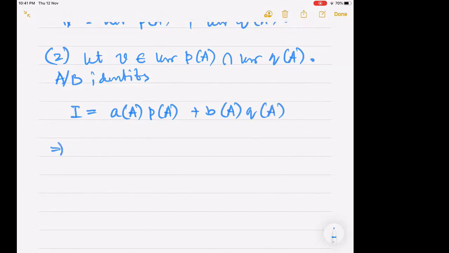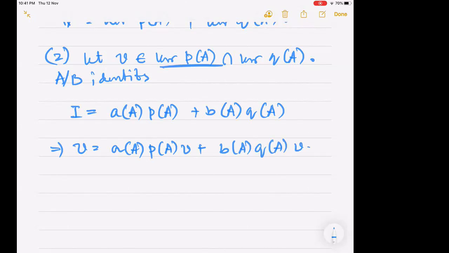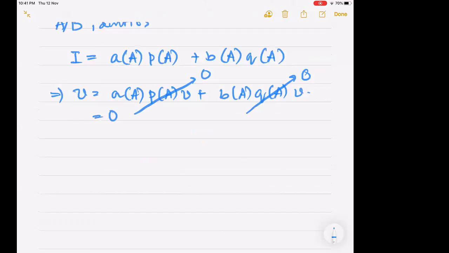Which then means making these operators act on v, but v belongs to the kernel of PA, so this must be 0. v belongs to the kernel of QA, so this must be 0. Both are 0, which means v is 0. So only the 0 vector is there in the intersection. This implies the kernel of PA intersection the kernel of QA is just 0. So this is what we wanted to prove.